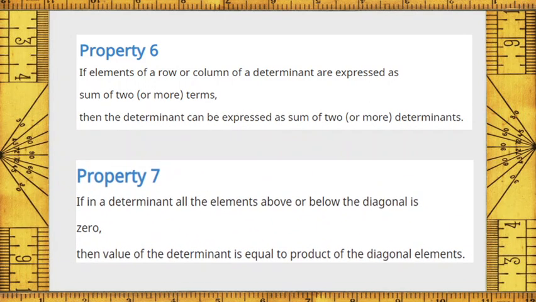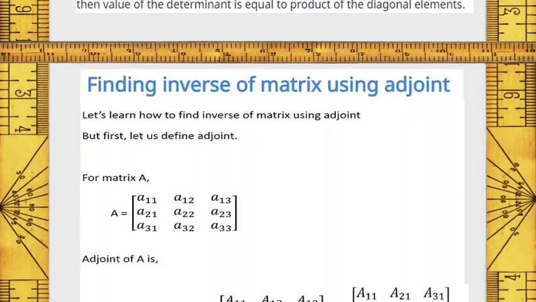Seventh property is if in a determinant all the elements above or below the main diagonal are 0, then the value of determinant is equal to the product of diagonal elements, main diagonal elements.